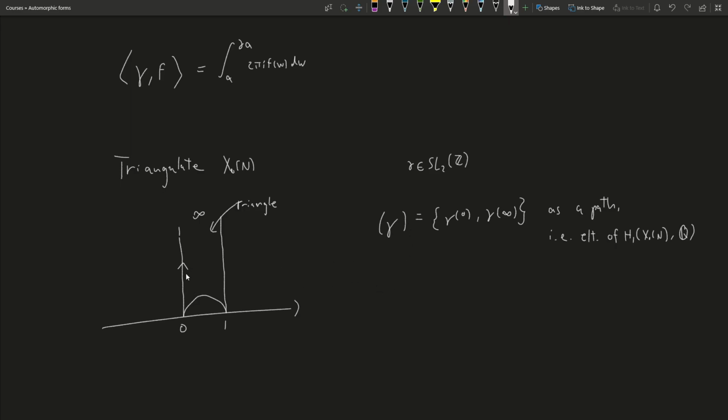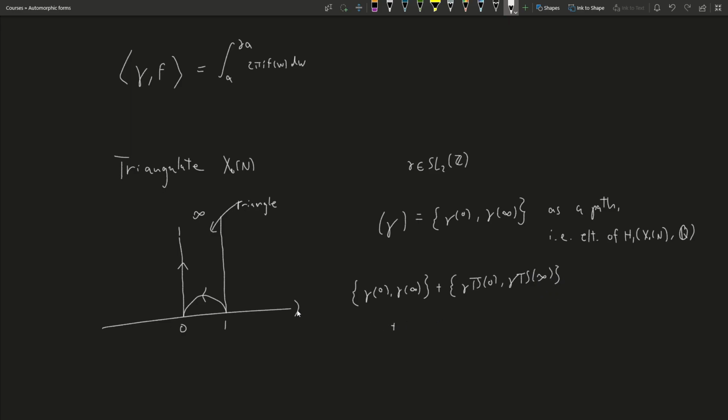And then we can also think about this triangle, but translated as the path 0 to infinity, and that's going to be the image of this path, and then for this path, we can think of it as the image of gamma TS acting on 0 to gamma TS acting on infinity.